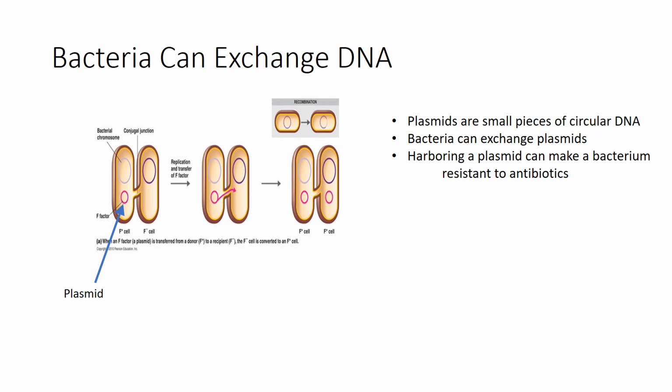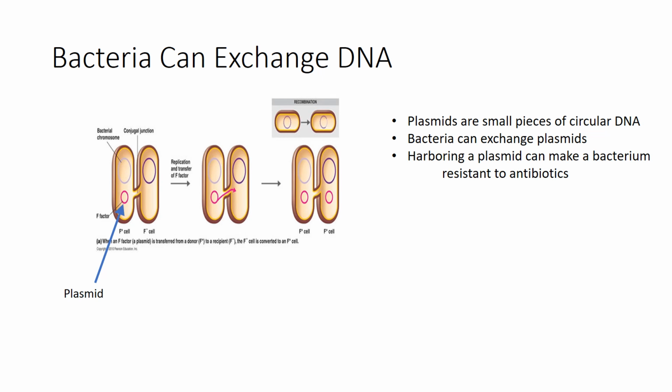In the 1960s and 70s, there was really an avalanche of research showing that genes that confer resistance to antibiotics usually are associated with plasmids, not with the bulk of the bacterial DNA, but with plasmids. So harboring a plasmid with genes that make a bacterium resistant to antibiotics is very important.